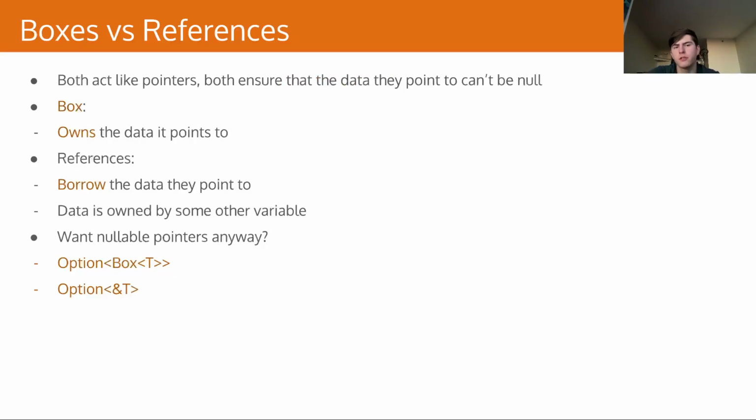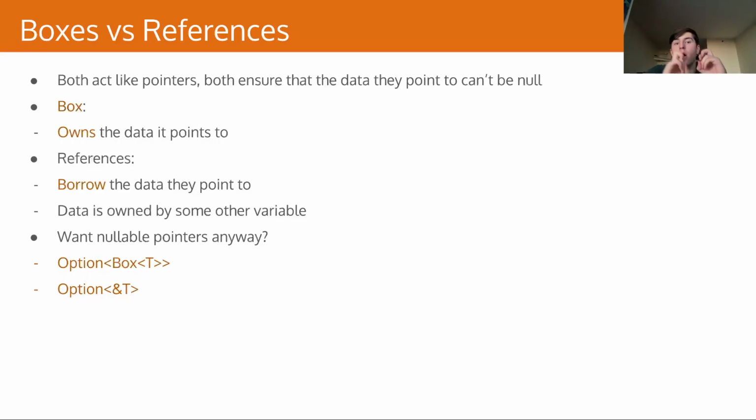So, what is the difference between a Box and a reference? Before in this class, we've used references, which essentially point to other variables. Unlike a reference, Box owns its data, since the Box contains a pointer to this memory, but only the Box can access this memory.